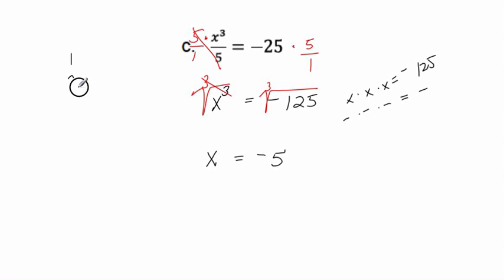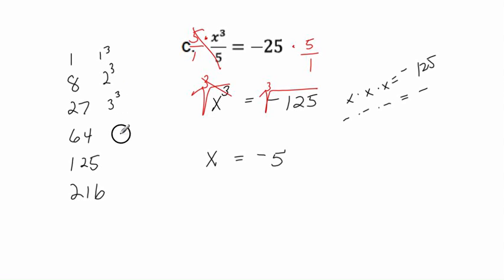That's 1, 8, 27, 64, 125, and 216. So that's 1 cubed, 2 cubed, 3 cubed, 4 cubed, 5 cubed, and 6 cubed.